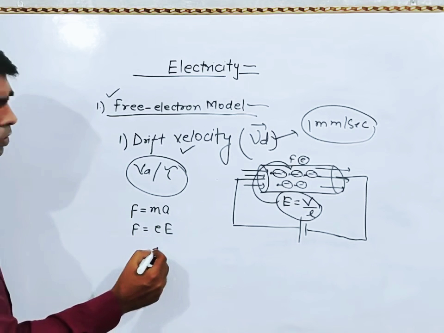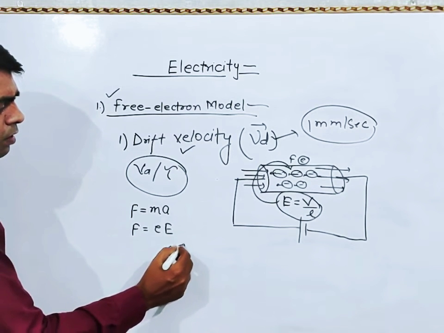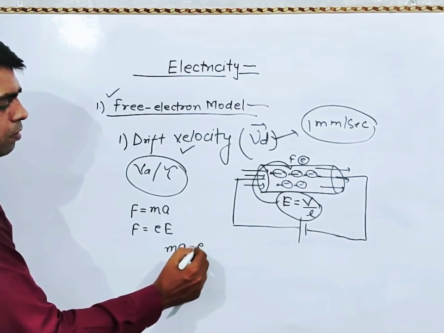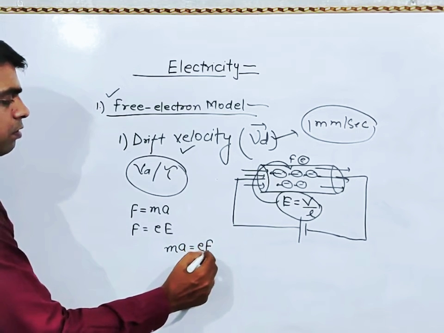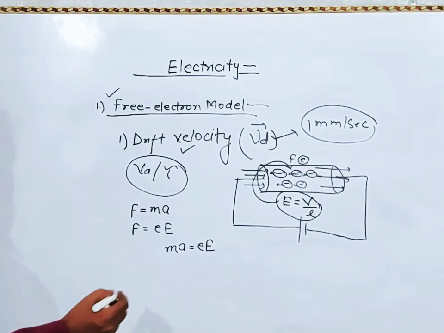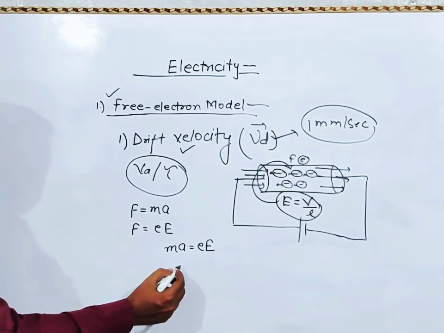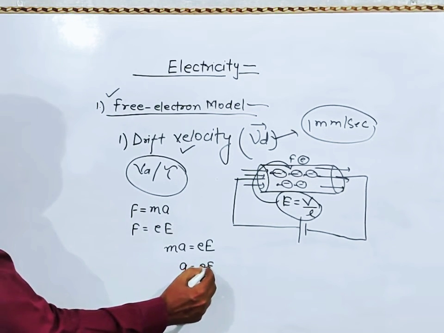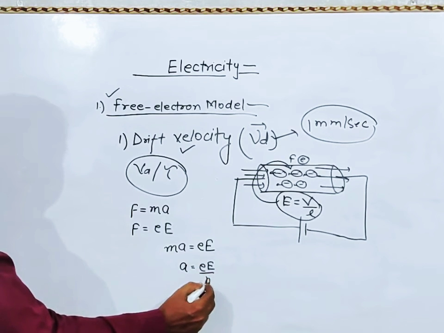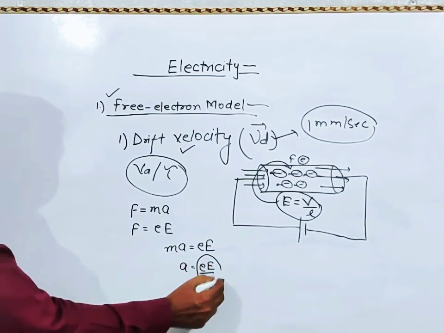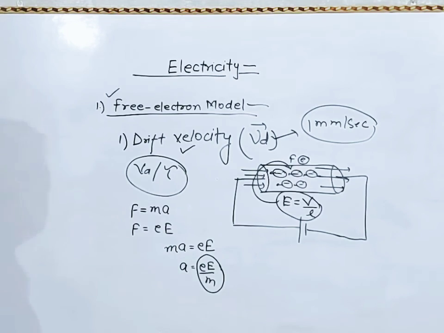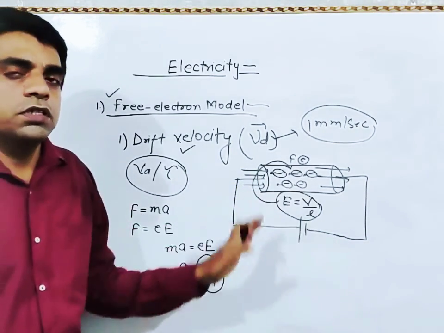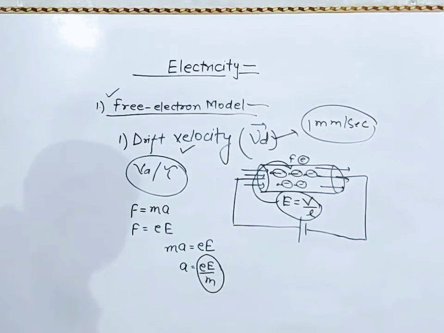Now by both equations we can write here, or we may write here, a is equal to qE by m. So this is the acceleration by which the electron is moving in the direction just opposite to the electric field.